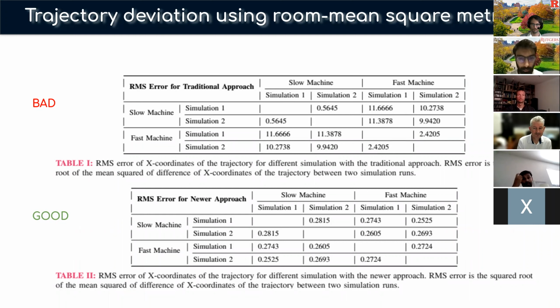So we have 4 simulations, 2 run using the old kind of method, where there is an issue with repeatability, and 2 using the one that we tried to solve the repeatability issues. You can see that the root mean square error for the trajectory deviation, we were able to bring it down much lower as compared to the old methods.